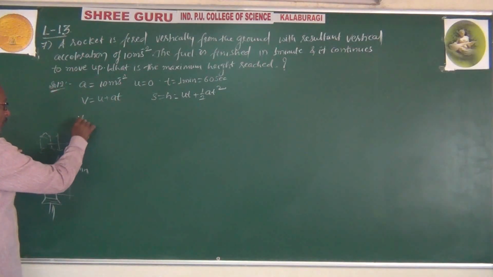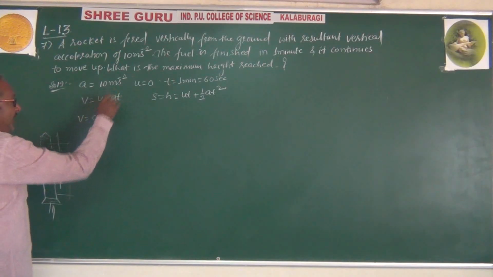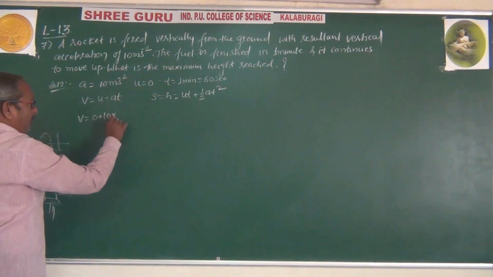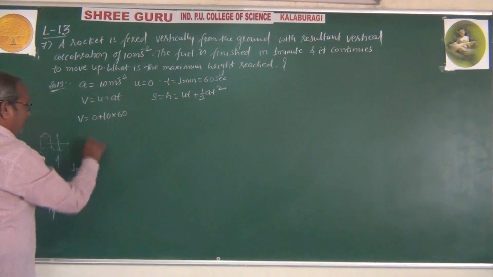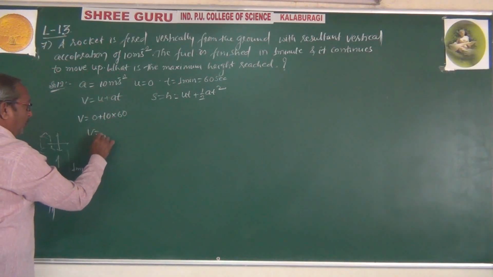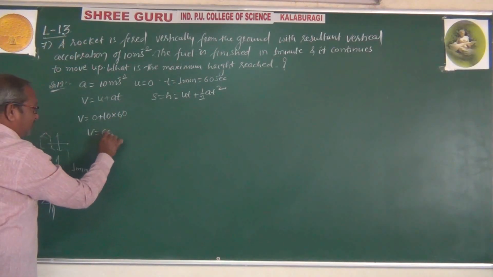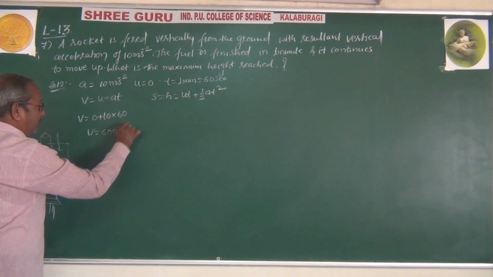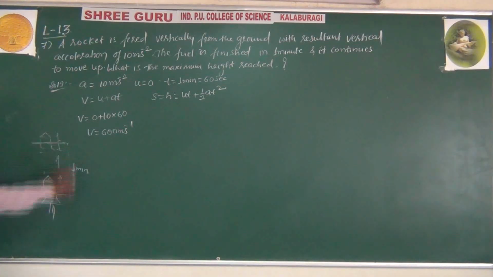Now v equal to u, which is 0, plus a, which is 10, into time, 1 minute means 60. This v equal to 60 into 10 is 600 meter per second when it reaches this position.